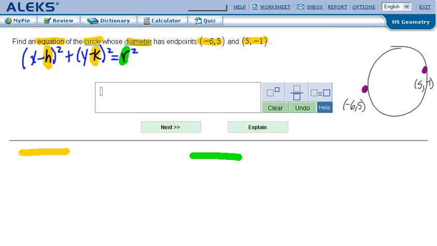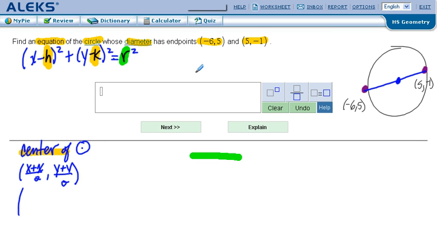to find our center, we need to find the midpoint of the diameter, because the midpoint of the diameter is going to give us the center of the circle. We first have to use the midpoint equation, which is: average the x's, divide by 2, average the y's, divide by 2.